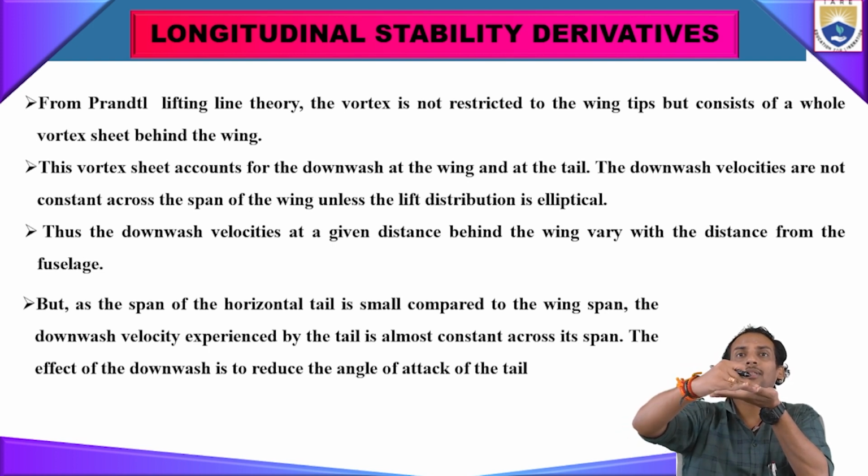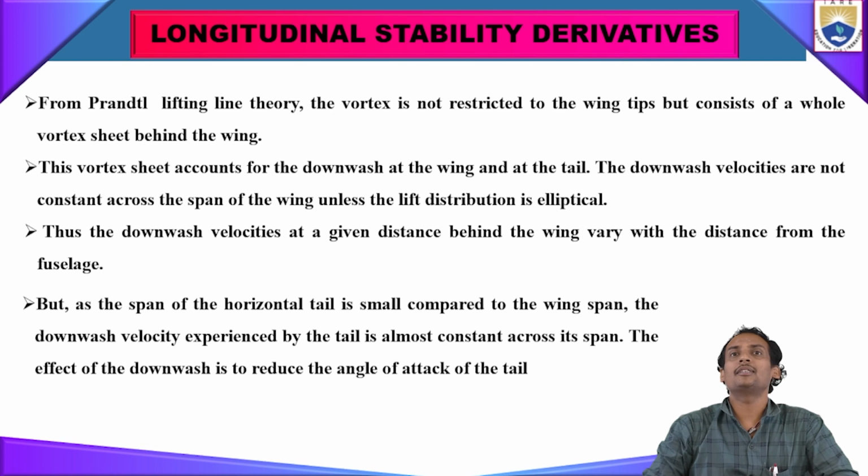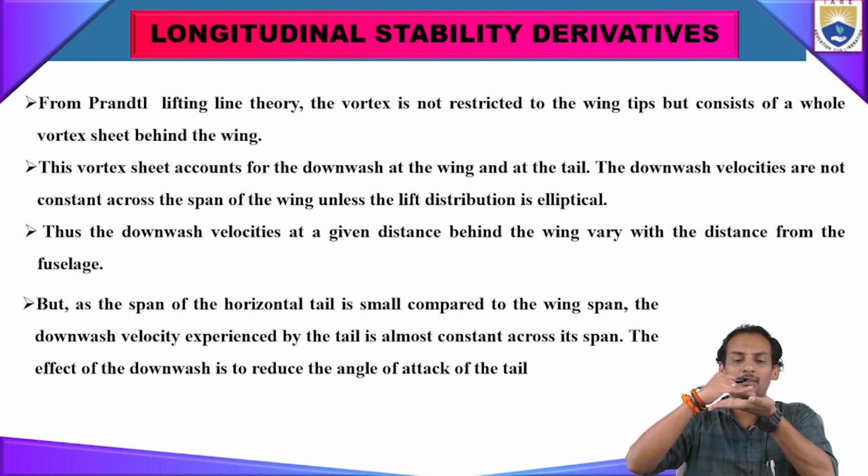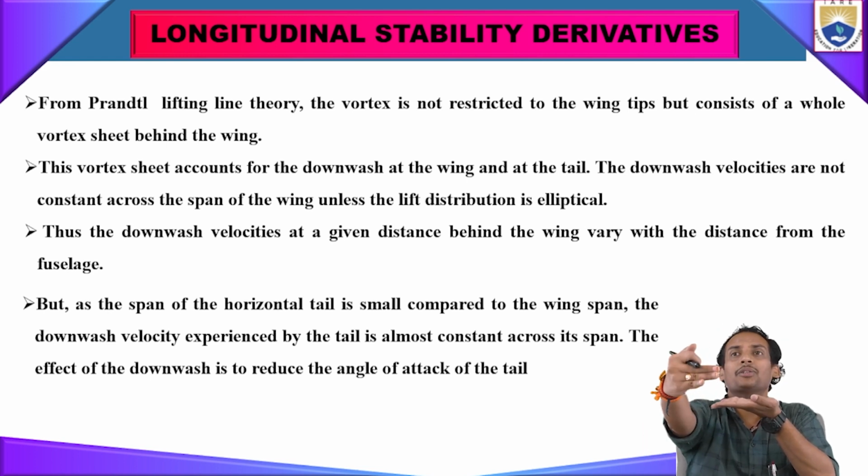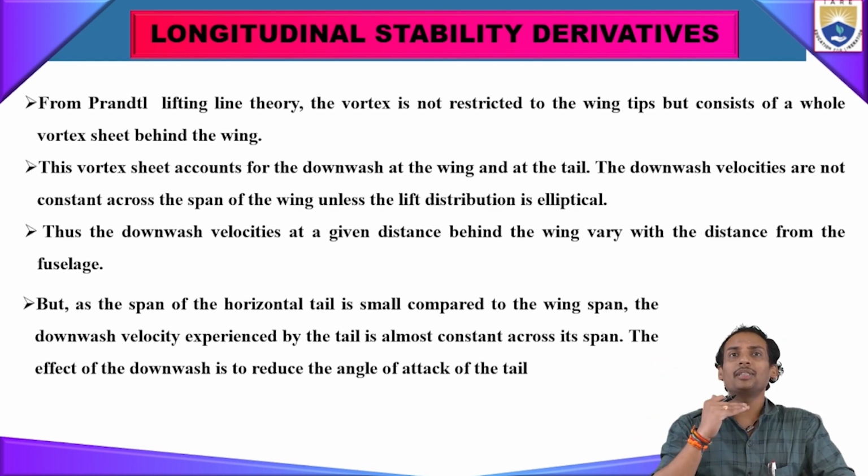So due to the vortex sheet, this won't end right after the wing. This will continue after the wing also. Like this, wingtip vortices also continue till the stabilizer. So this vortex sheet accounts for a downwash at the wing and the tail. Downwash velocities are not constant across the span of the wing unless the lift distribution is elliptical.